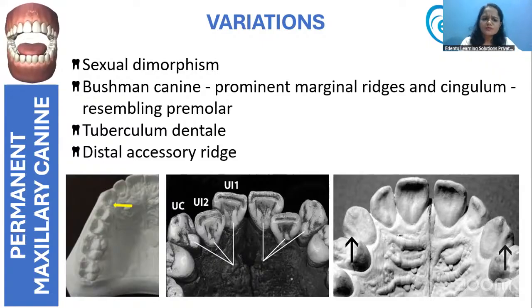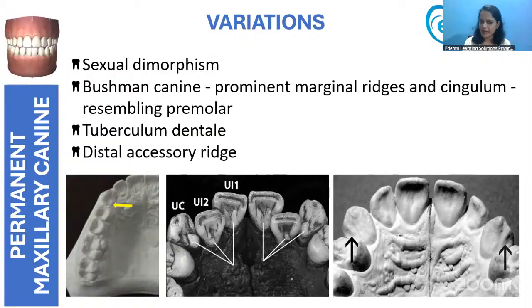Okay, so what all variations you can see regarding the maxillary canine is there will be definitely something like sexual dimorphism. Sexual dimorphism means the canines will be different for females and males. This is a very important point because this will help the forensic odontologist.